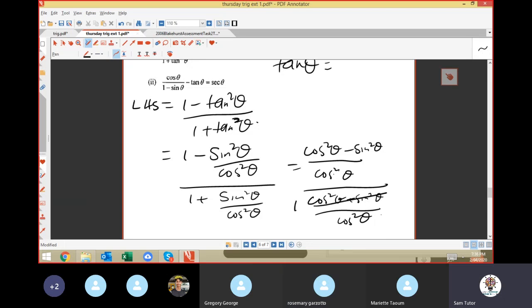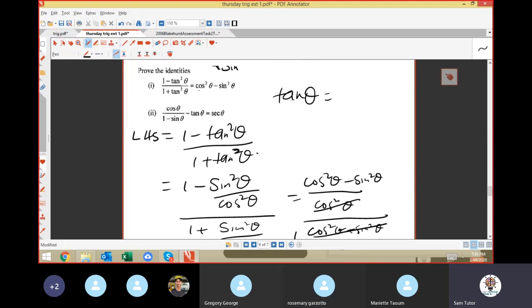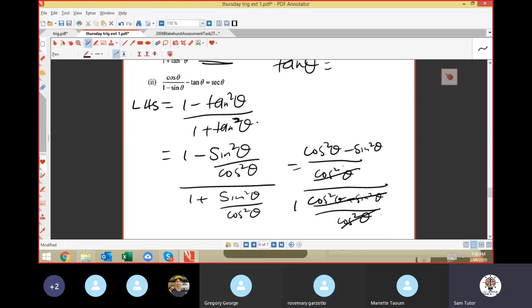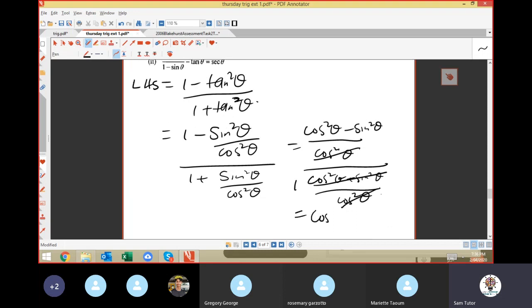What are you allowed to do with these cos squareds if they're both in the denominator? You're allowed to cross cancel them out. And then you're left with cos squared theta minus sine squared theta, which equals the right hand side.